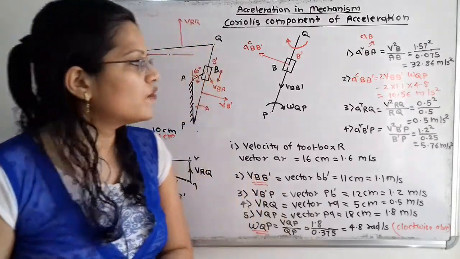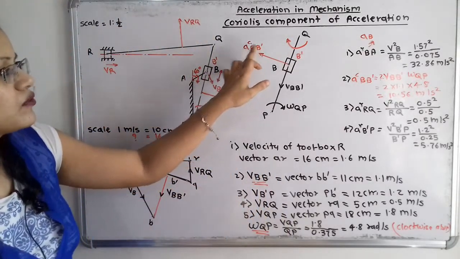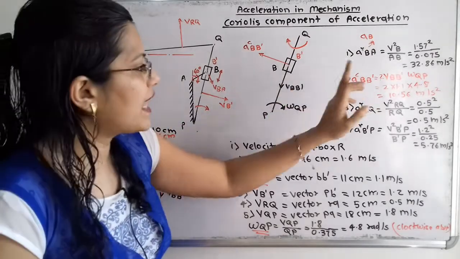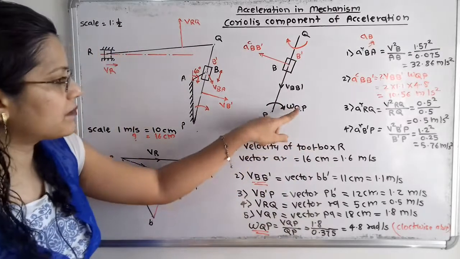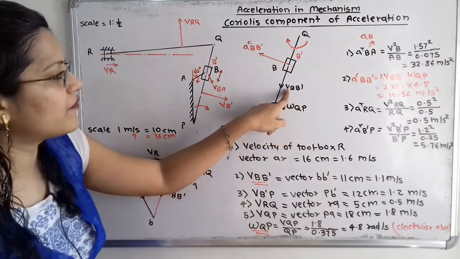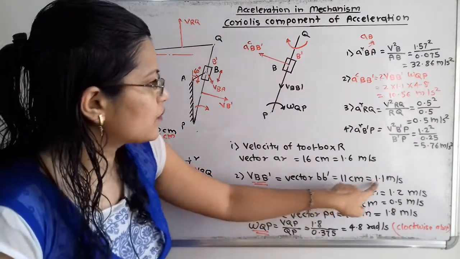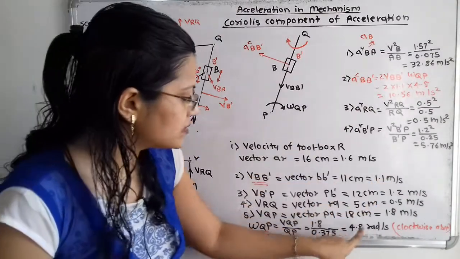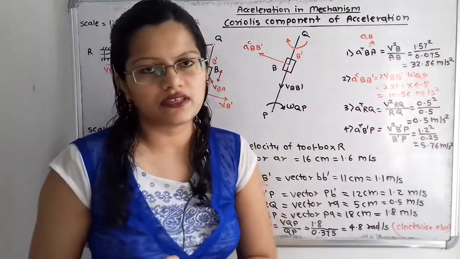Then we will move to the next, that is the Coriolis component of acceleration for B to B dash. Here the formula is 2 omega V, that is 2 multiplied by omega QP multiplied by VBB dash. So 2 into VBB dash, which is 1.1, into omega, which is 4.8, gives 10.56 meter per second square.